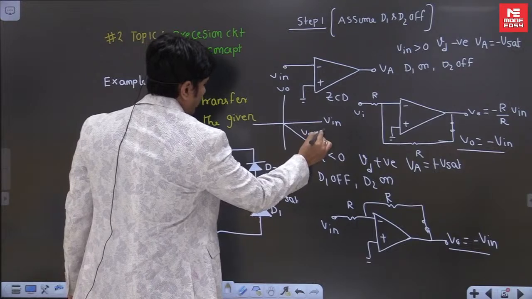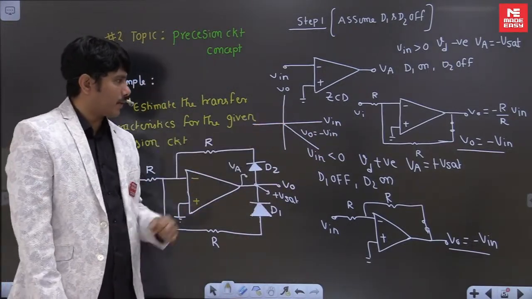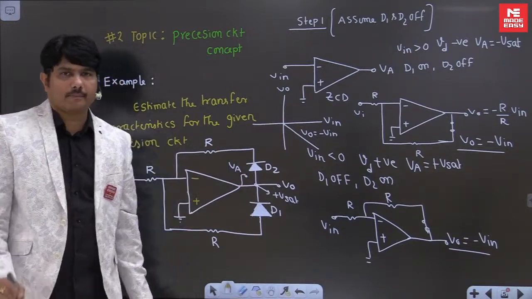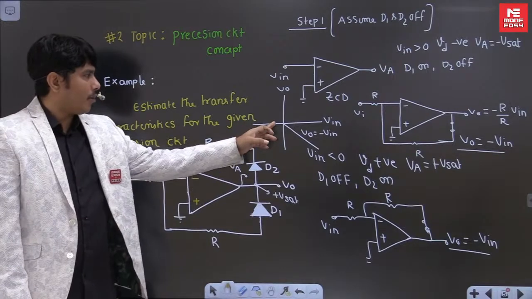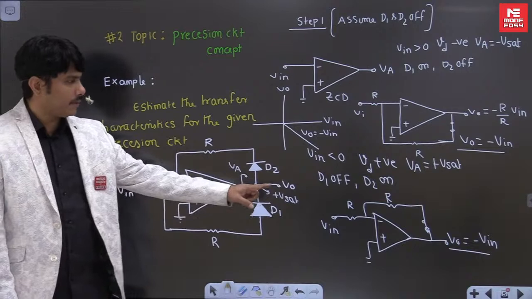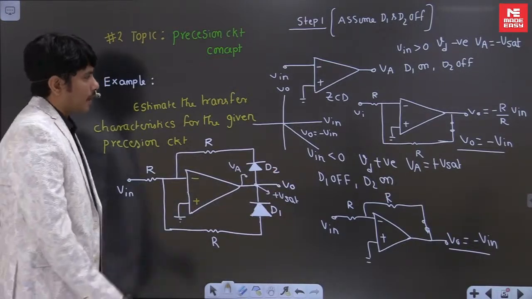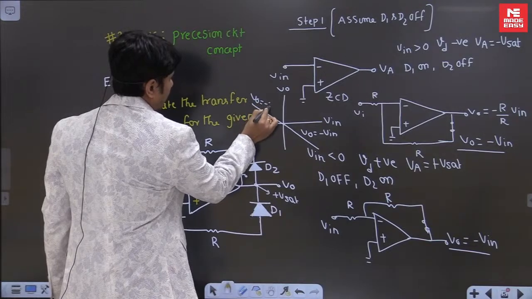This is output equal to minus VIN. It has to come in the first quadrant, but it's coming in the fourth quadrant because we are getting inversion. In the negative half cycle, output equal to input means third quadrant we will get. But the answer came as a phase shift output. So the answer will be like this. This is output equal to minus VIN.